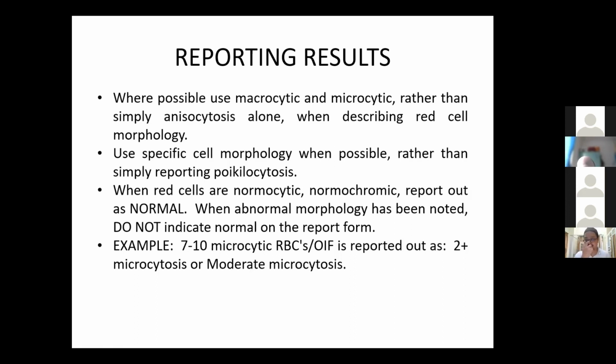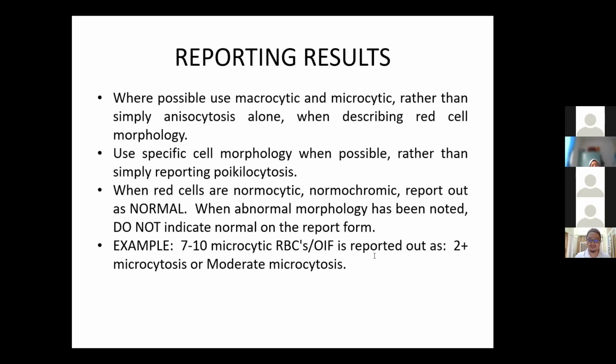It's not done by the medical doctor. So when they get the report, and it says macrocytic or microcytic, they understand what is happening. Use specific cell morphology where possible rather than simply reporting poikilocytosis. Again, poikilocytosis also refers to abnormal shape, but which one? Is it echinocytes? Is it blister cells?